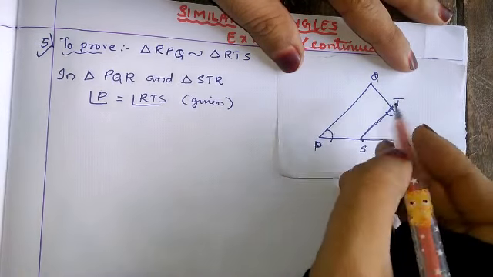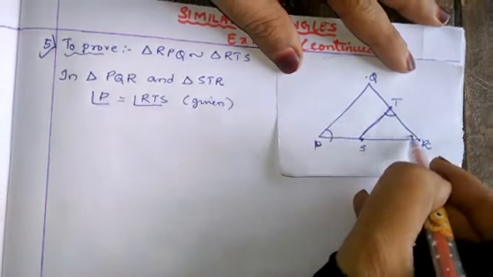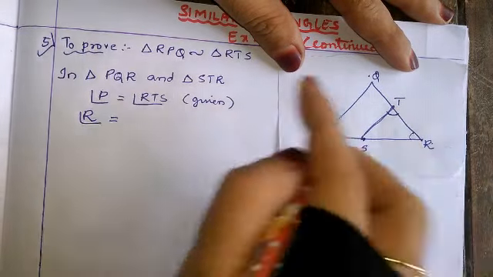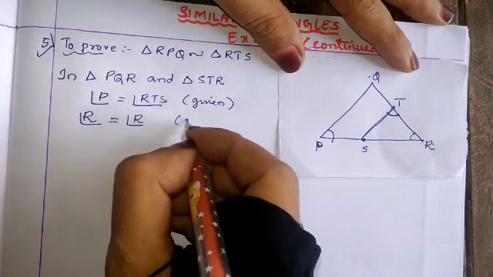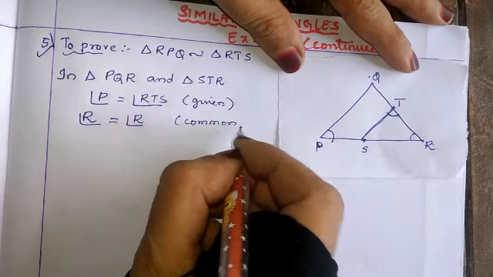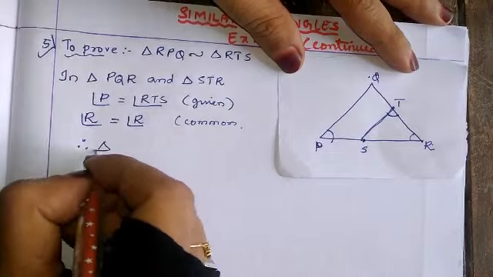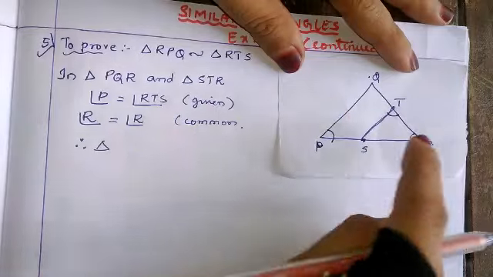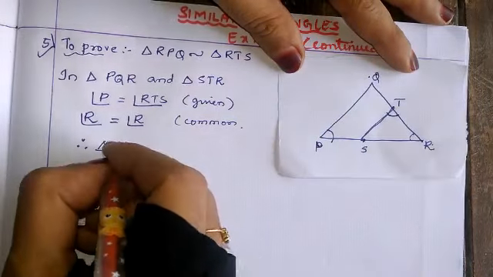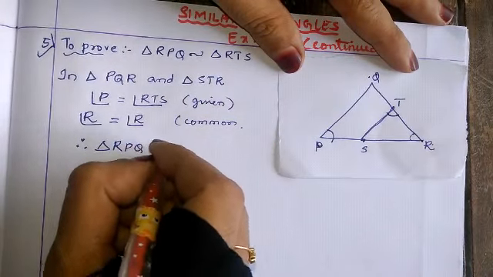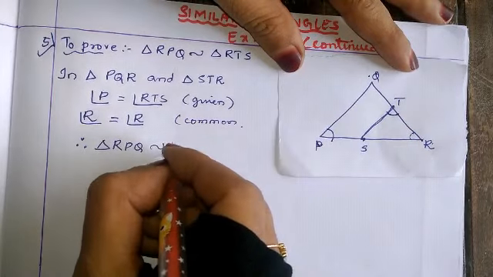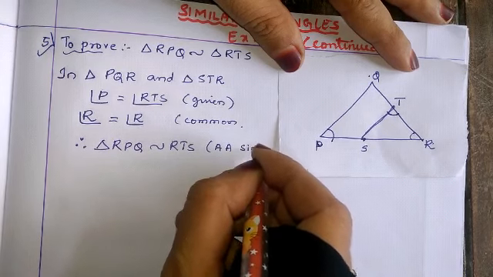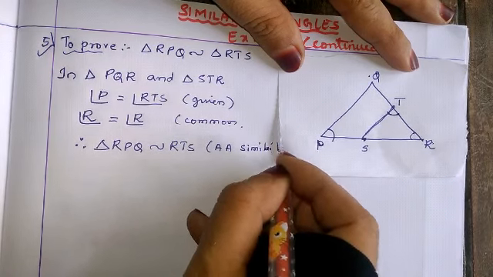Now one more angle we can see, PRQ, common angle. PRQ is equal to SRT. Angle R equals angle R, common angle. Therefore, triangle RPQ, as they have mentioned in the question, is similar to triangle RTS by AA similarity. They both are similar.